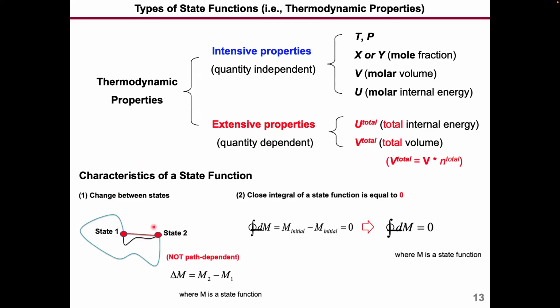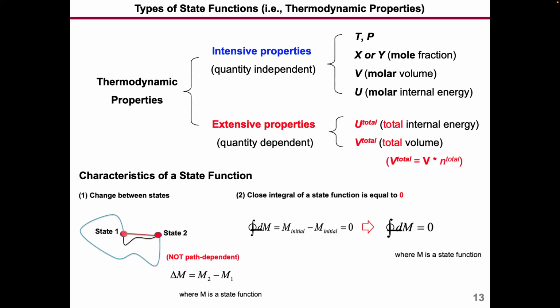Now, building on this, we can take a step further. We can actually do a closed integral of a state function, and you can quickly realize it's going to be equal to 0. What we are trying to say is that you go from state 1 to state 2, and then you go back from state 2 to state 1, either this way or that way, or all the way like this, okay?